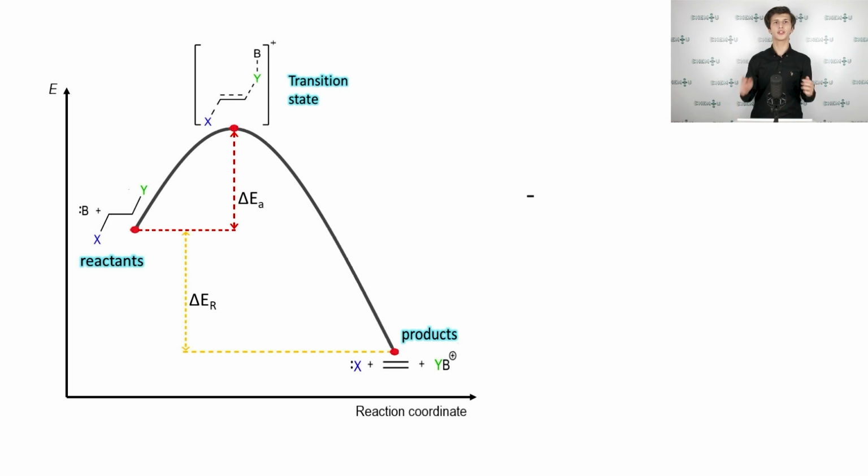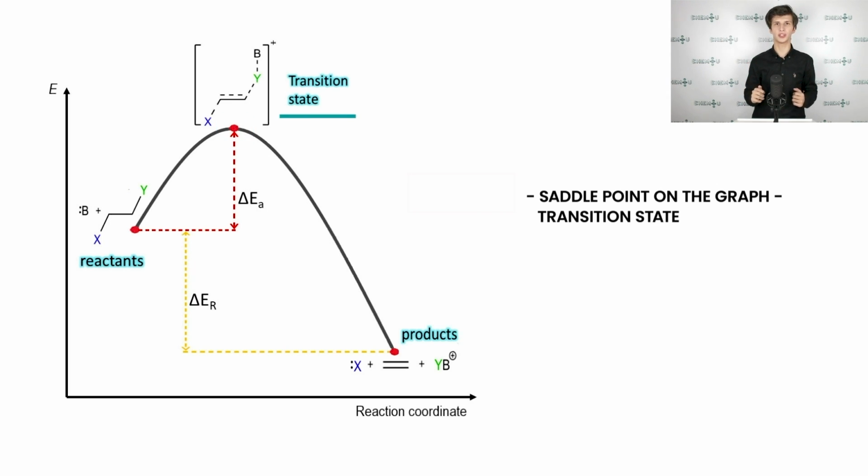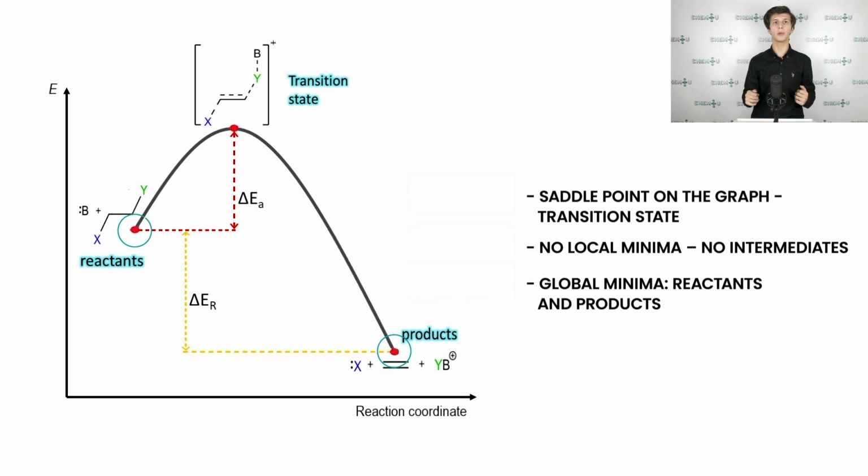For example, there is only one saddle point on the graph, which represents the transition state. There are no local minima, meaning that no intermediates form as the reaction proceeds. Lastly, there are two global minima. The first one represents reactants, substrate and base, denoted with capital B on the slide.